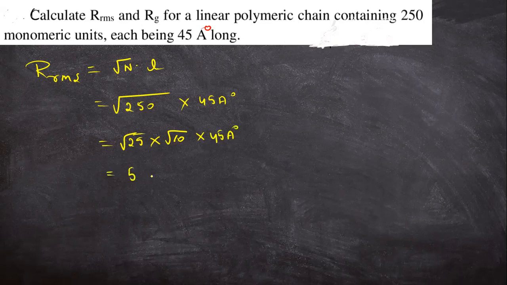Root 25 is 5. What is the root 10 value now? Be fast. Very good, it is 3.162, into 45 angstrom. So the answer here will be 711.45. Let me calculate this.